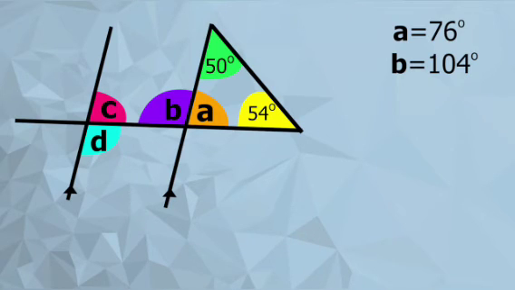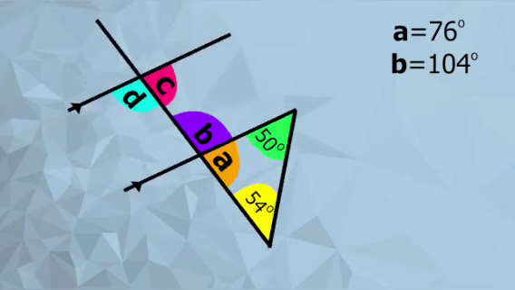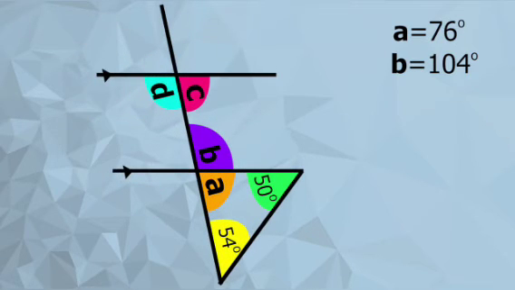B is 104 degrees. Now, if I turn this diagram, you will easily notice that angle B and angle C are allied. That means they add up to 180 degrees. Can you see that?